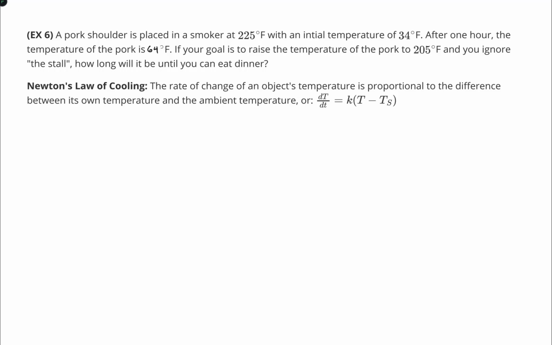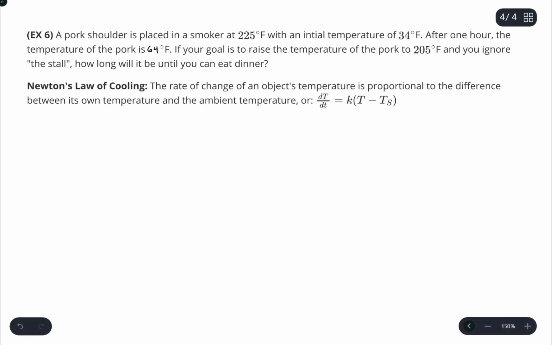Okay, so a couple of things to know here. First off, this is a problem involving Newton's law of cooling, which is a different kind of growth model, but similar enough that we can take the ideas we've developed so far and work it through.